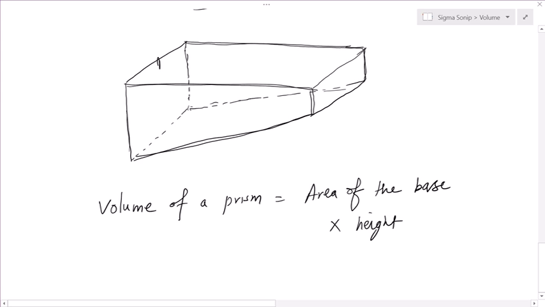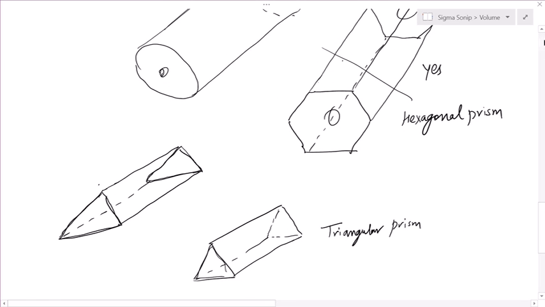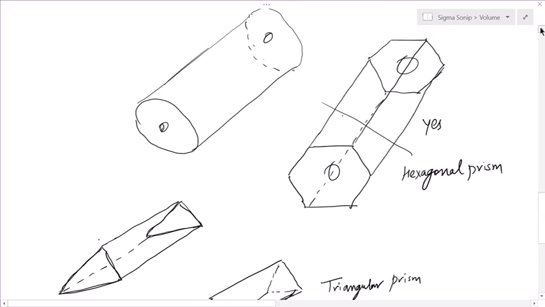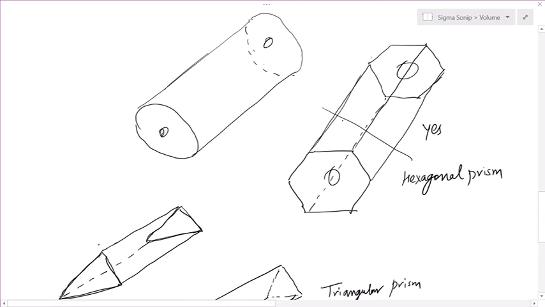Now call it height or call it length, depending on how it is oriented, but the meaning is the same. So this I would say is the length, but it could as well be height. And this is the length in this triangular prism. If I look at this hexagonal prism, that's the length from here to here.